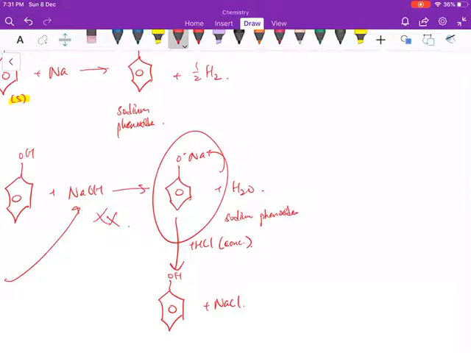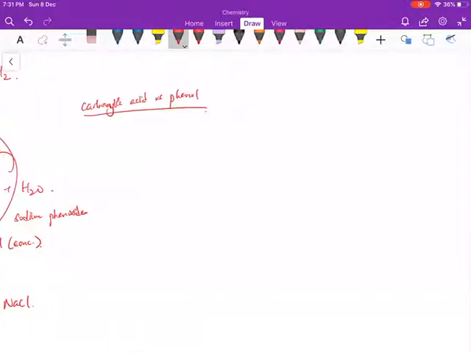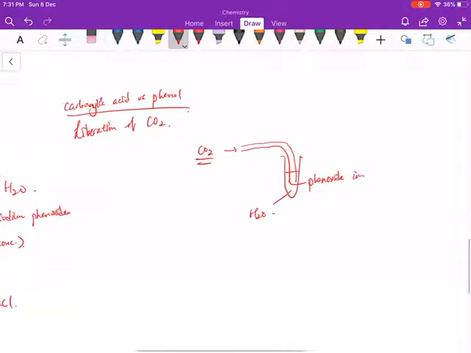Remember how in the last video we talked about the acidity of carboxylic acid and phenol? We could actually prove that in an experiment. It's pretty easy. Let's name it the liberation of carbon dioxide. So what you do is you've got some phenoxide ion, you've got some water, you've got a delivery tube, and you place some carbon dioxide in.